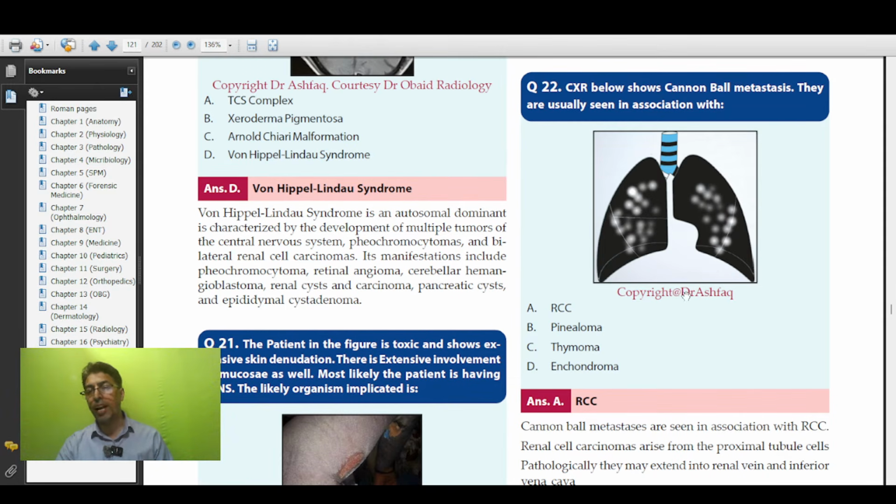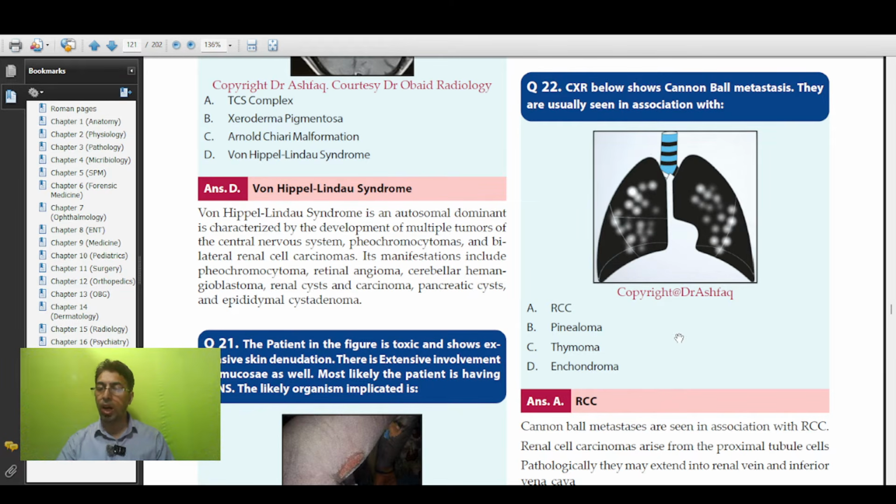Now, there is this characteristic feature of cannonball metastasis, which you see particularly in two clinical conditions. One is renal cell carcinoma, and second is choriocarcinoma. But over here, the choriocarcinoma option is not mentioned. The other three options mentioned, pinealoma, thymoma, and enchondroma, are very, very rare things, and they are not associated with cannonball metastasis.